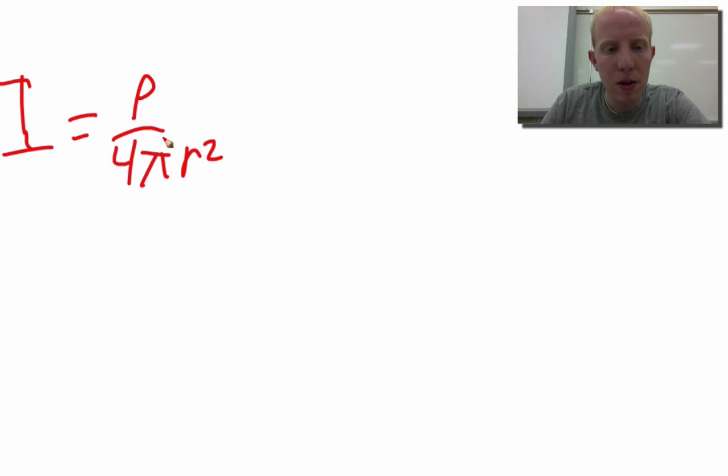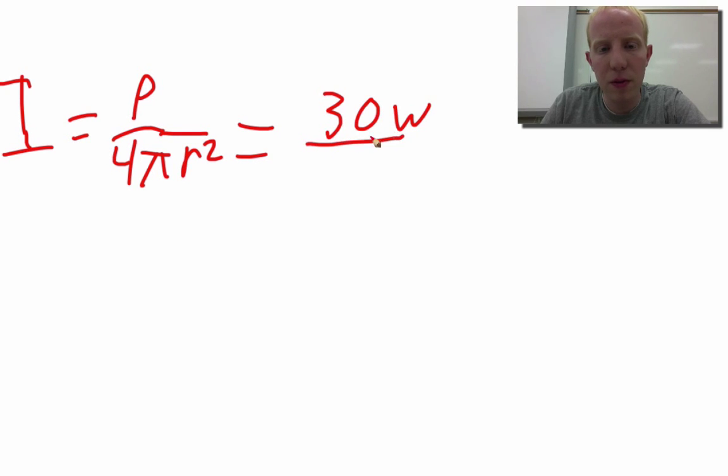So I'll do this one by hand so you can kind of see what happens. So we have I equals P over 4 pi r squared. Okay, and so we plug in what we had. We had 30 W or 30 watts for P, and we have 4 pi r squared, and R was 2 meters squared.